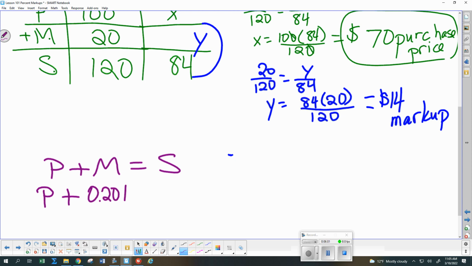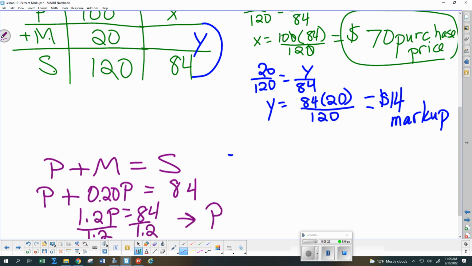Of means times the purchase price is the selling price, and we know the selling price was 84. Combine your like terms, 1.2p is 84, divide both sides by 1.2, and you would get the same thing for p, that it was $70 for your purchase price.